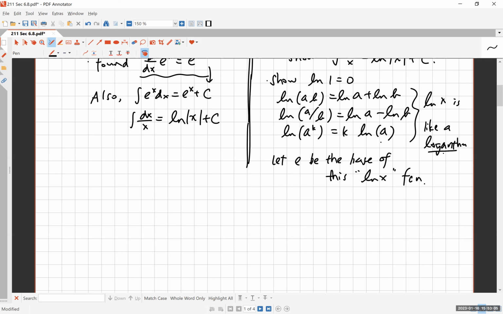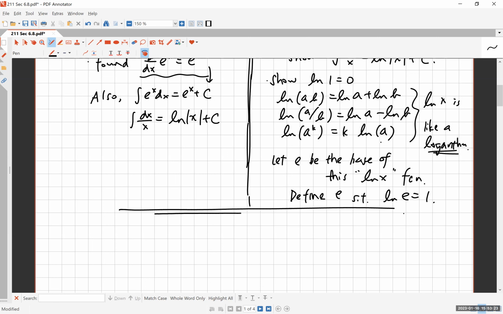It doesn't say it is a logarithm, but it behaves like that. So then find E to be the base, okay? And we define E to be in such a way that Ln of E is equal to 1.